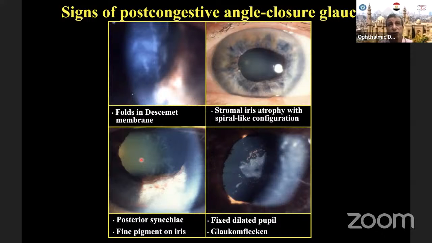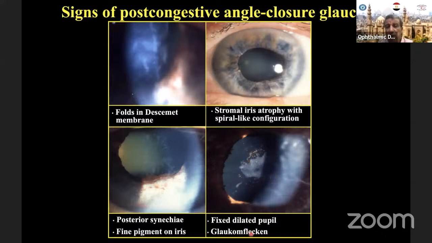So angle closure is not only mechanical angle closure, but it is angle closure in addition to an inflammatory process, which makes it worse. With disturbances in the intraocular pressure and accompanying iritis, we have some disturbance in the metabolism of the anterior chamber with consequent development of anterior subcapsular opacification here in the pupillary area.